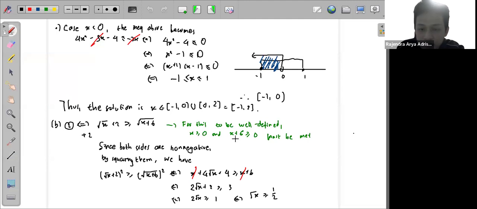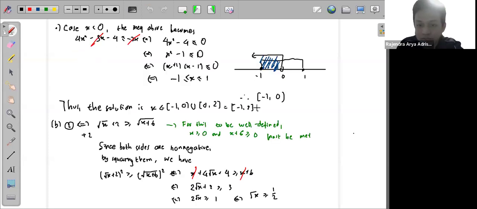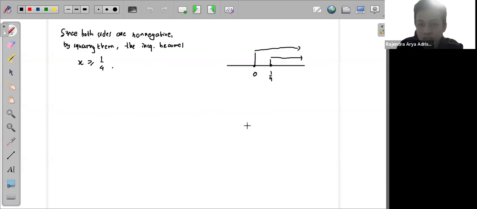And the condition requirement we must consider is this, x greater than or equal to 0. And this one, when we simplify it, gives us x greater than or equal to minus 6, right?